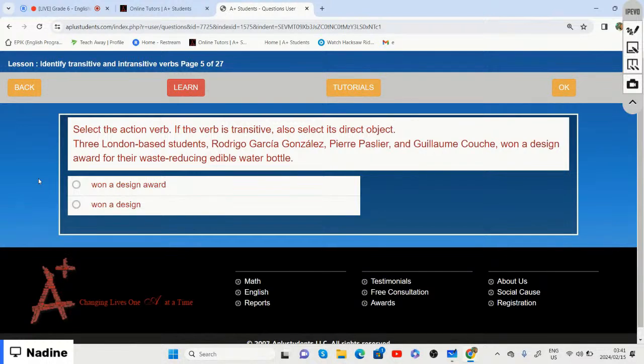Three London-based students won a design award for their waste-reducing edible water bottle.